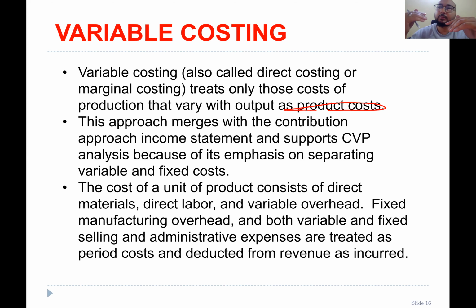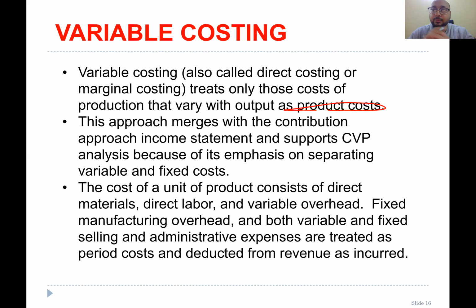Because as production or output increases, direct material also increases. So the nature is variable, so that is a part of product cost. Direct labor: if you make more products, you employ more workers. Daily wages workers, right? So direct labor is basically daily wages workers, which are related to production, right? So it's a variable cost.